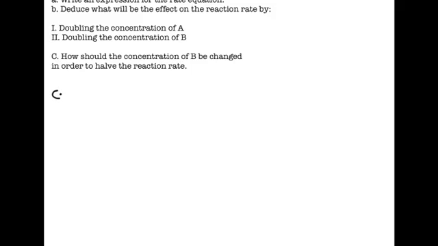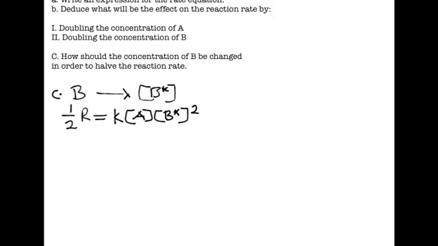Now part C asks: how should the concentration of B be changed in order to halve the reaction rate? Okay, so let the concentration of B become B asterisk when it is changed. So for the half rate, it is going to be 1 over 2 R, giving us K A B asterisk squared.